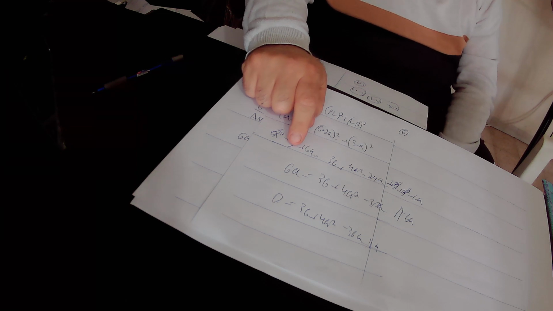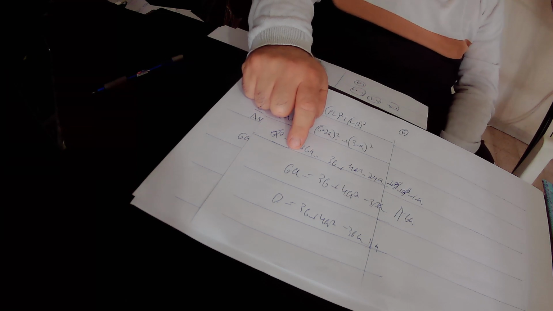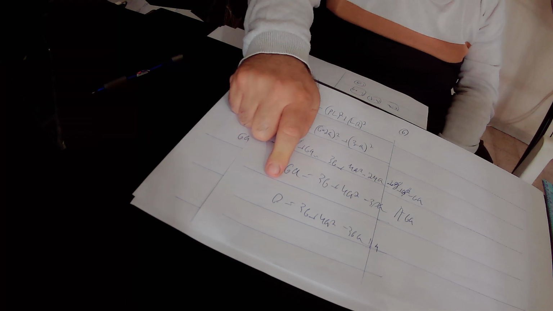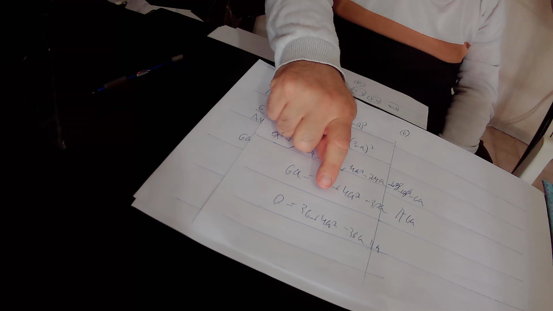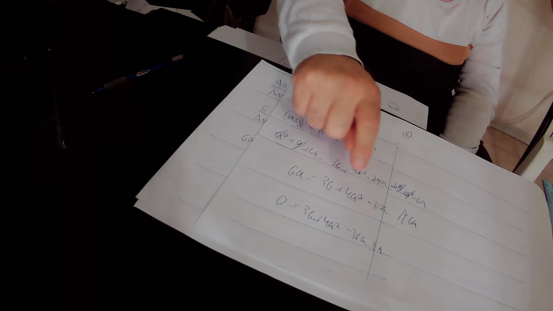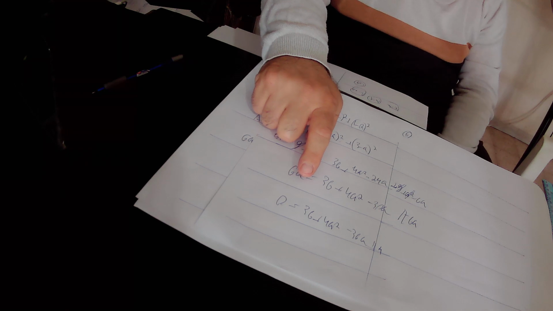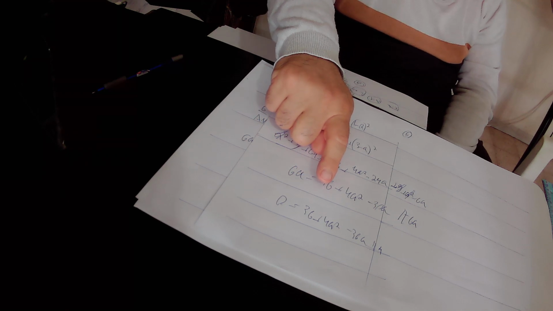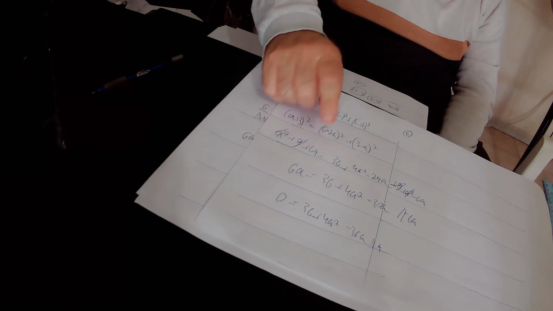Here we subtracted 6A from this equation and finally found out that on this side of the equation we are left with 0. On the other side of the equation we have 36 plus 4A squared, and minus 38 minus 6A is minus 36A. So in conclusion, we found out that 36 plus 4A squared minus 36A minus 38 equals 0.